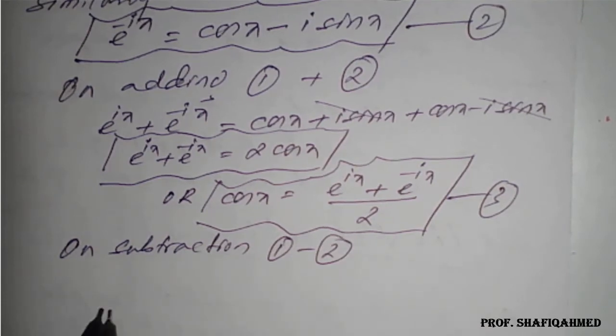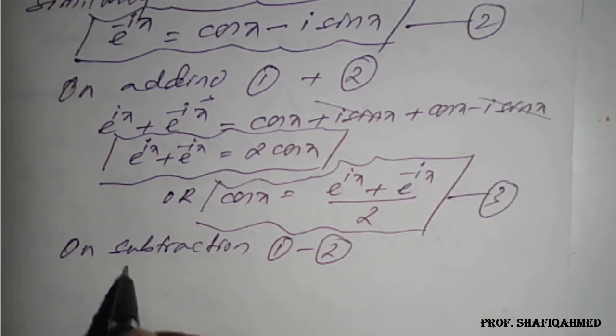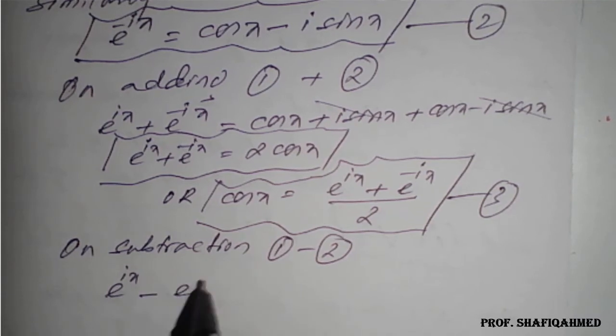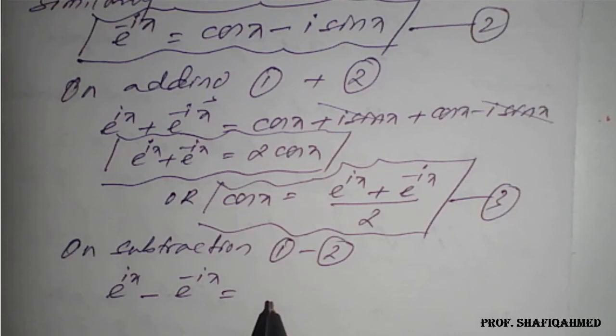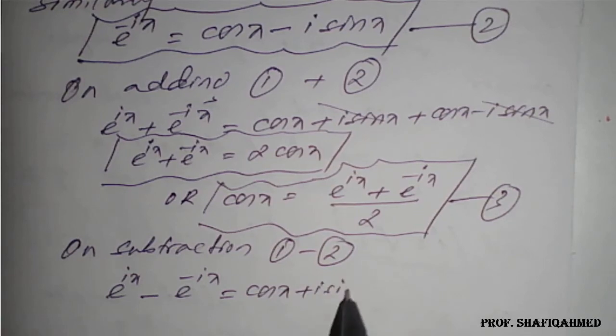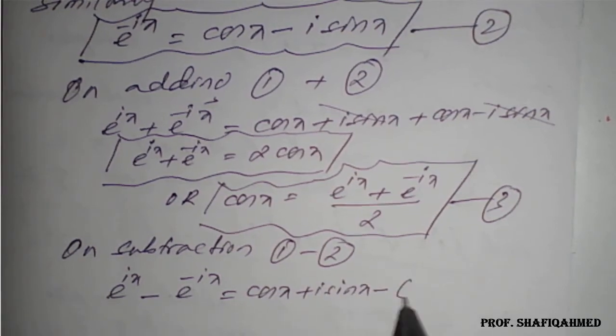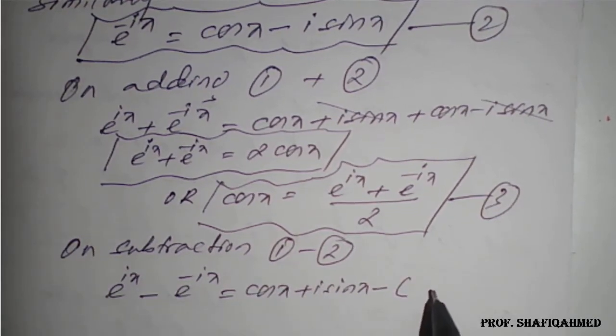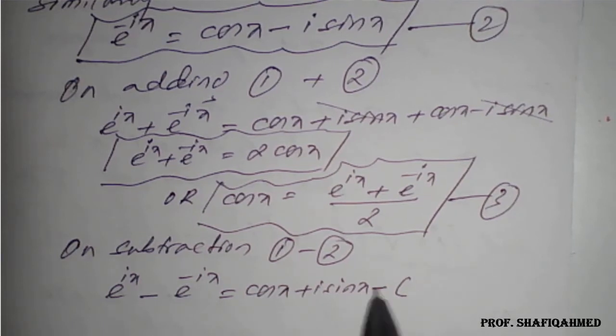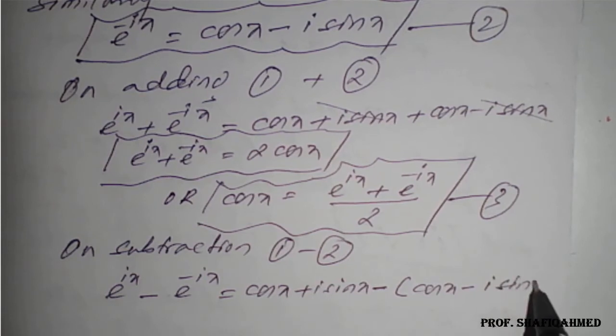Left hand side of 1, that is e raised to ix, minus left hand side of 2, e raised to minus ix, is equal to right hand side of 1, that is cos of x plus I times sine of x, minus, I will put a bracket, right hand side of 2, because of the minus sign, cos of x minus I times sine of x.